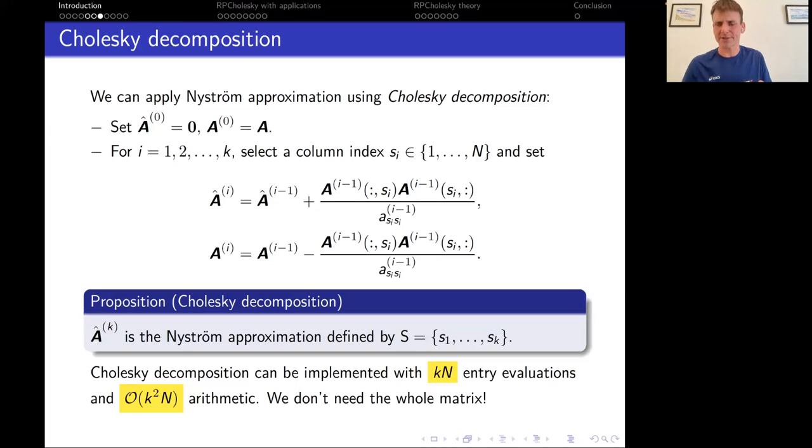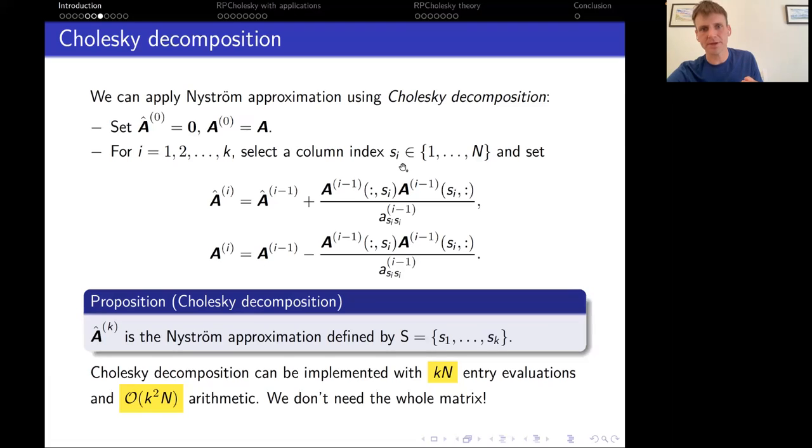There is a stepwise description of Cholesky decomposition, though, where you just look at what's happening after the first 1, 2, 3, 4, 5, et cetera steps. You would start with a rank 0 matrix, so just the 0 matrix, and a residual that's the whole matrix A. And you would gradually approximate from below using an iterative procedure for i equals 1, 2, 3, all the way to k. You have to select some column index. This would be called pivoting.